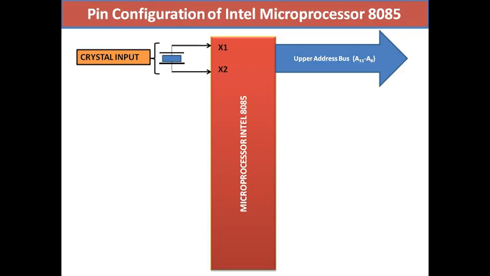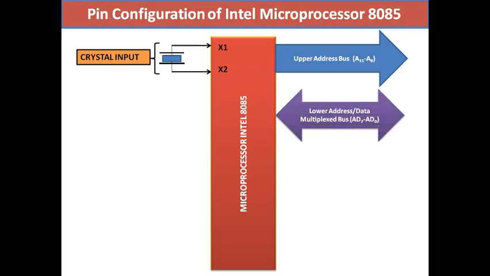One is the upper address bus and the other is the lower address bus. But in 8085, the lower order address bus is time multiplexed with the data bus. We will discuss how this bus can be utilized as address and data bus using the demultiplexing technique.